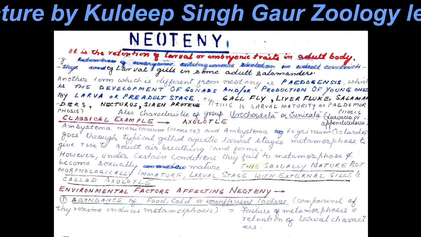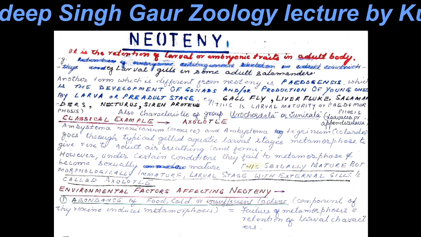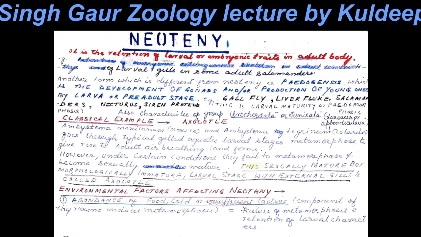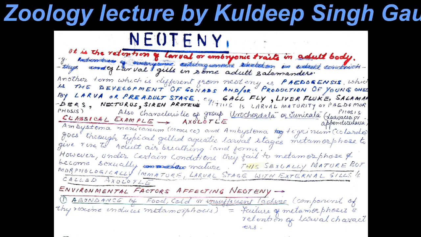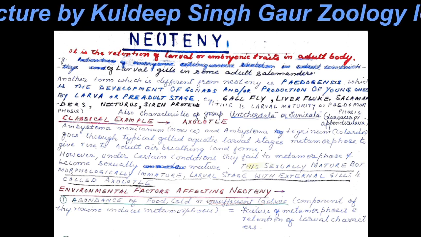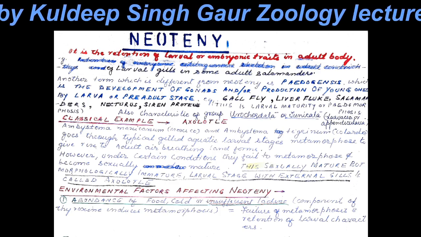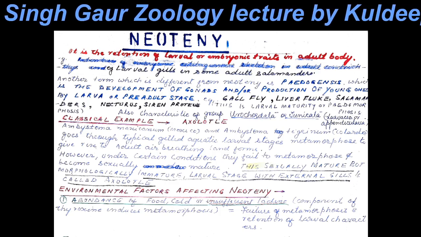However, under certain conditions, they fail to metamorphose, and over time they become sexually mature. This sexually mature but morphologically immature larval stage with external gills is called axolotl larva.